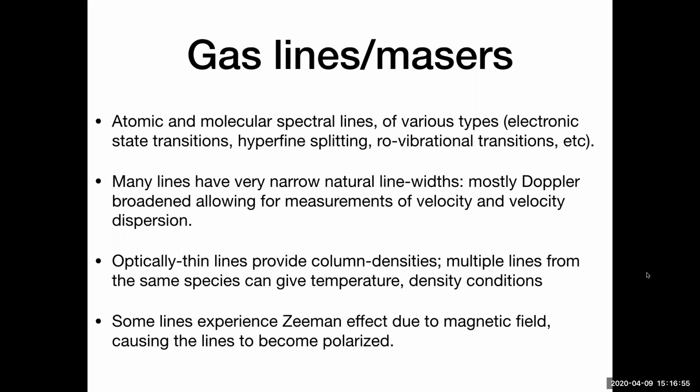One thing that's interesting to note is that in the radio regime, many of the lines have very, very narrow natural line widths, to the point where you can't see the natural line width, and so all of the structure in the spectral lines is entirely due to Doppler broadening, and so you effectively get measurements of the velocity distribution of whatever the emitting or absorbing gas is.